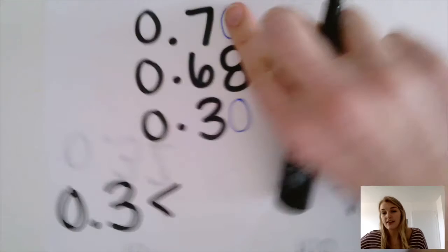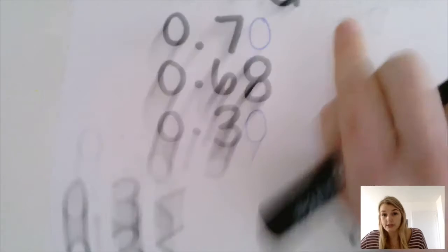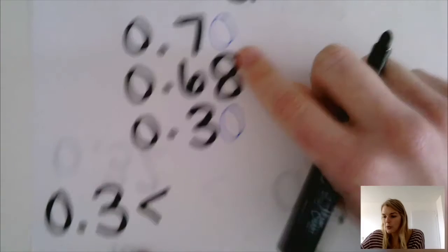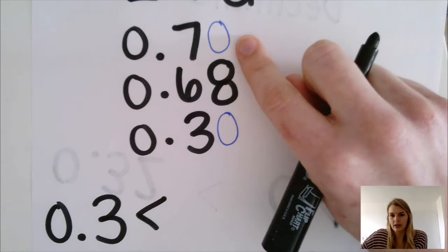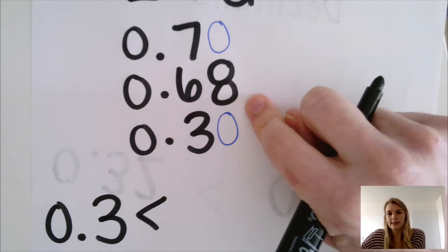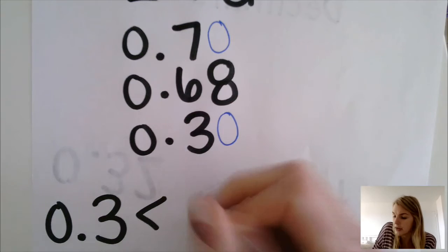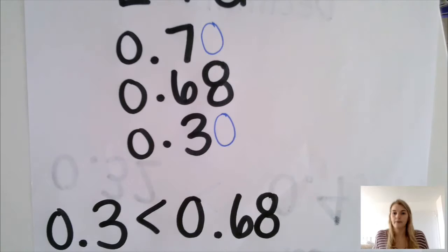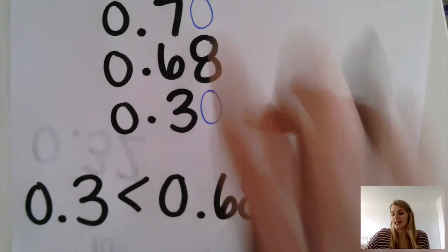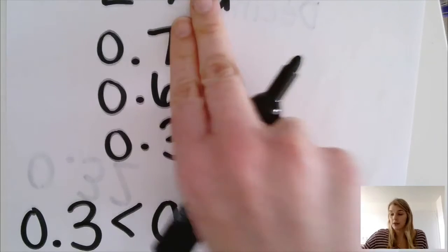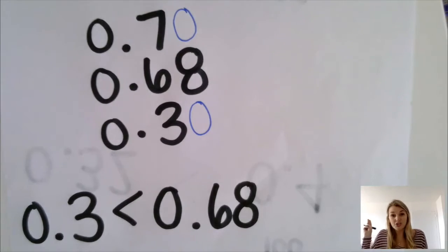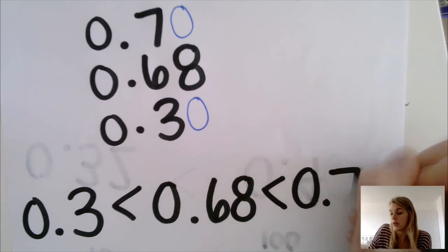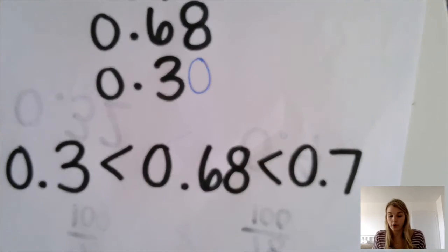We have 7 tenths, or 70 hundredths, and we have 68 hundredths. What's bigger, 68 or 70? Well, 70 is bigger, so 68 hundredths must be the next one. Awesome. That means 7 tenths, or 70 hundredths, they're the same thing, they're equivalent, but it originally came as 7 tenths, so that's how I'm going to write it, and it would be the greatest one.